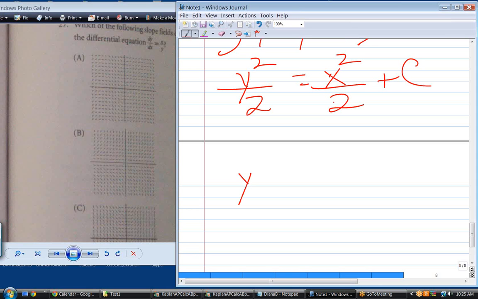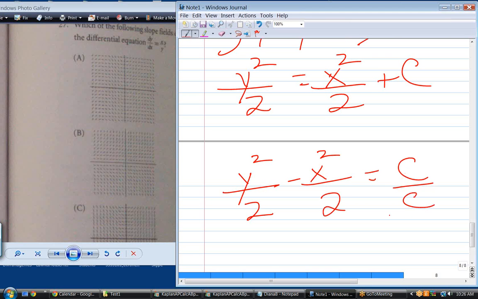If I move the x squared over 2 to the left side, I get this. And then if I want 1 on the right side, I'll divide everything by c. So it's an ellipse? What is that?